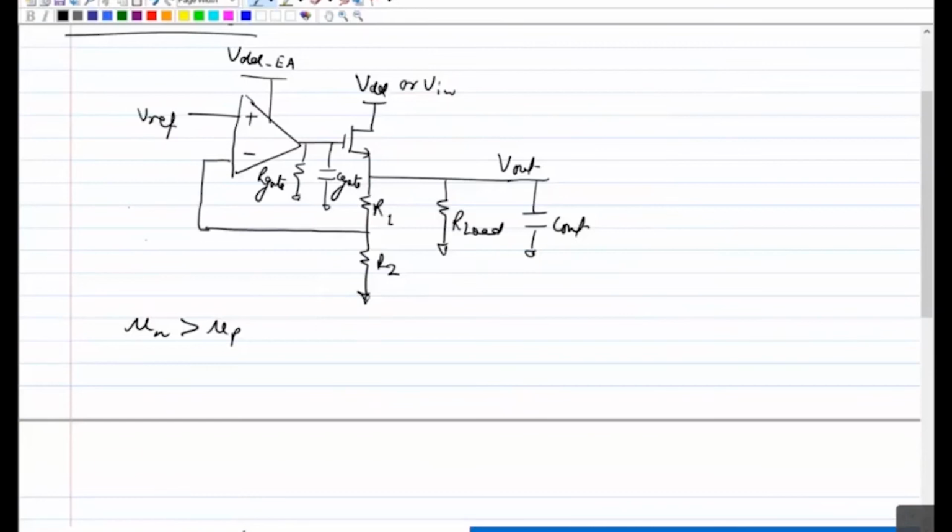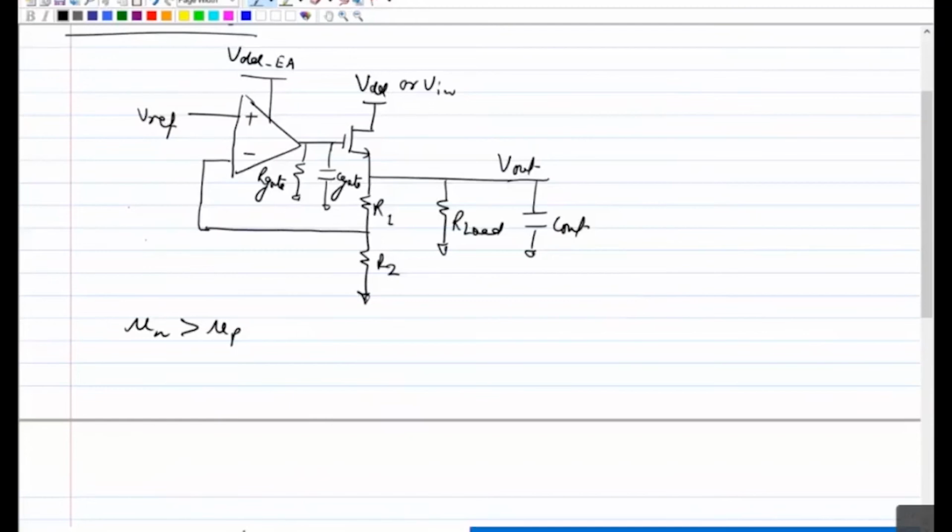So the main advantage is the area you will be saving, and another advantage is that the C gate appearing at the gate will be lower. So the pole at the output of the error amplifier, or gate of your pass transistor, will be at a higher frequency. That can help you push UGB high if, let's say, you want to keep the output pole dominant.